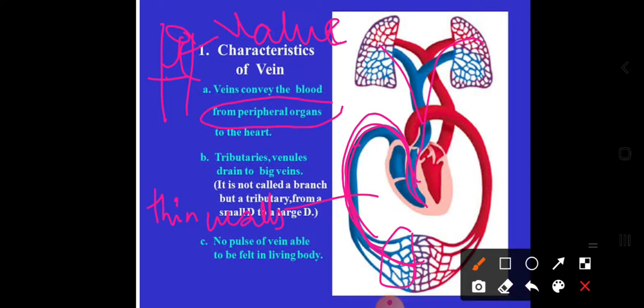So to prevent the backward movement of the blood, these valve-like structures are present in the veins but absent in the arteries, because arteries are not collecting the blood, they are just pumping the purified oxygenated blood. Okay, children. And the lumen size, meaning the space, is bigger in veins.